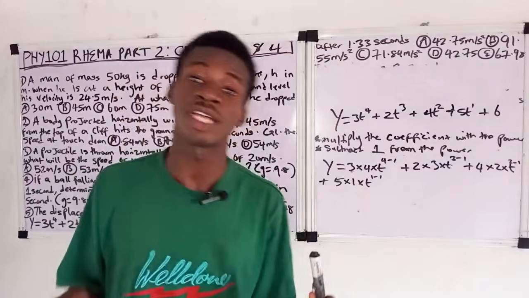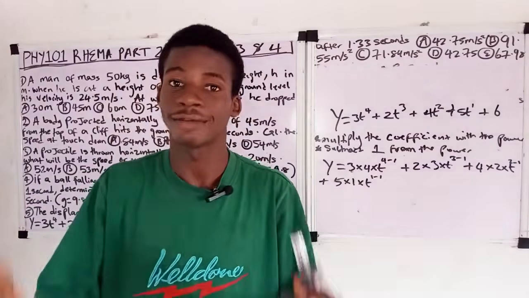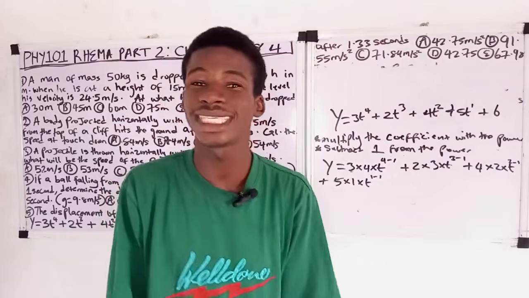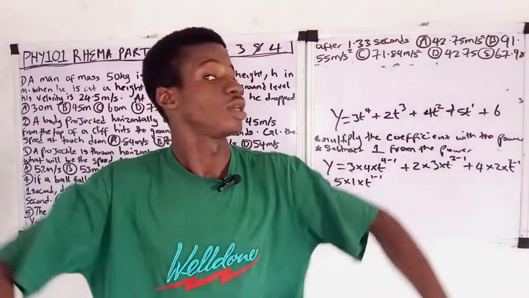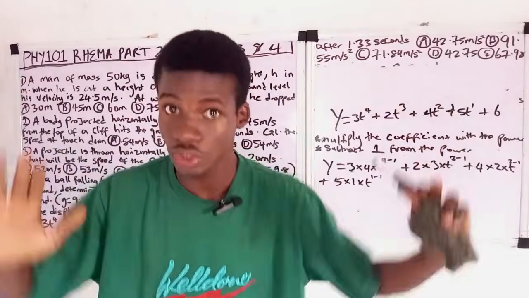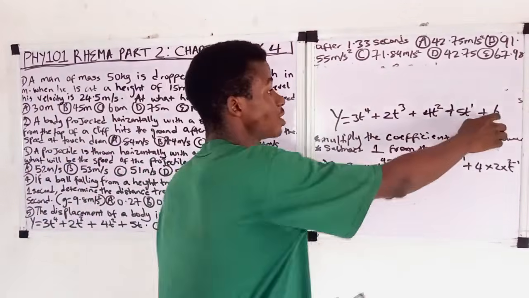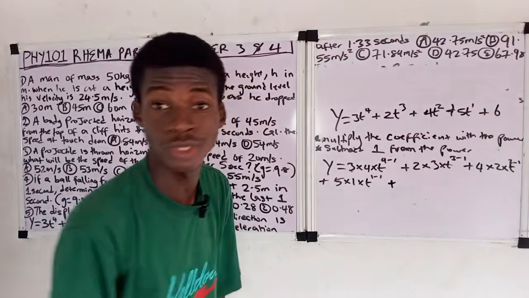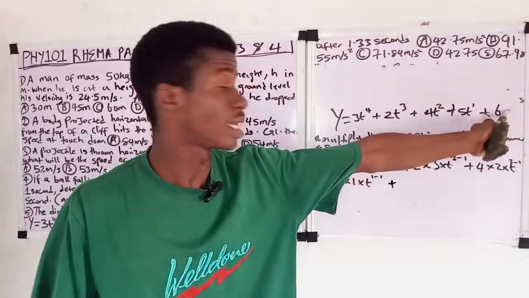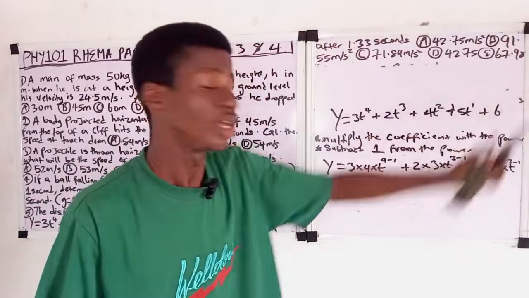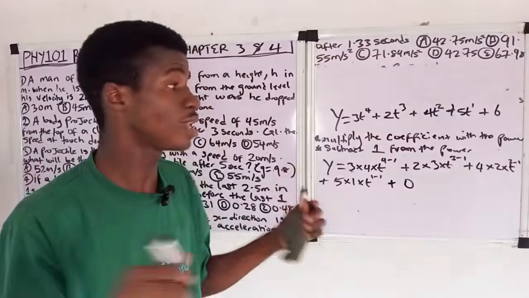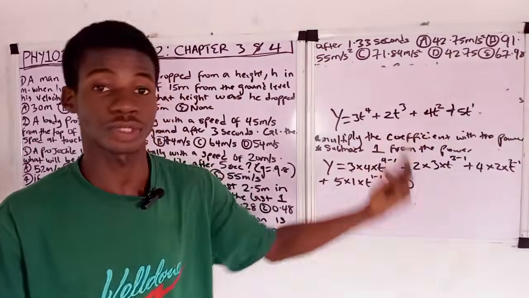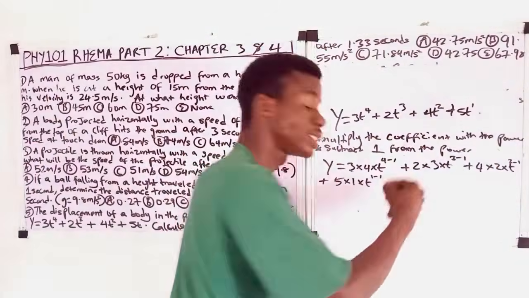When a number is just standing alone and does not have a letter, if we differentiate that number, it will be 0. I don't know if you understand. For example, let's say we have to differentiate 6. Since 6 does not carry any letter, I would just put 0. That is just it, okay? But in this question, there's no 6 there. So I'm just telling you, okay?